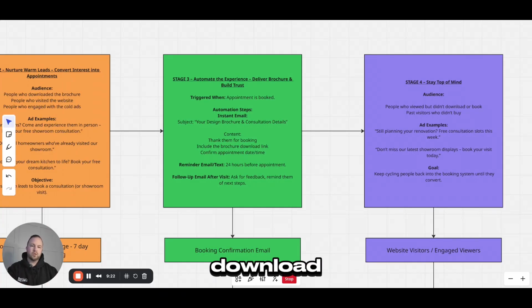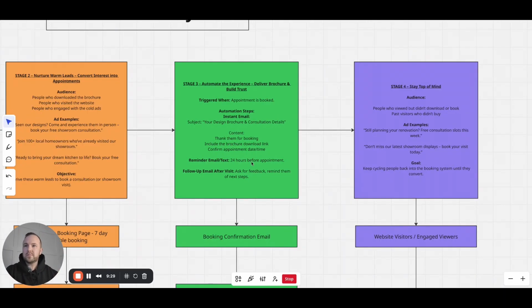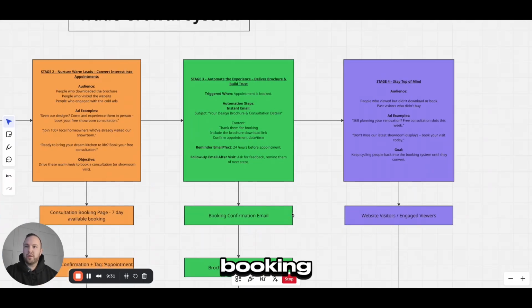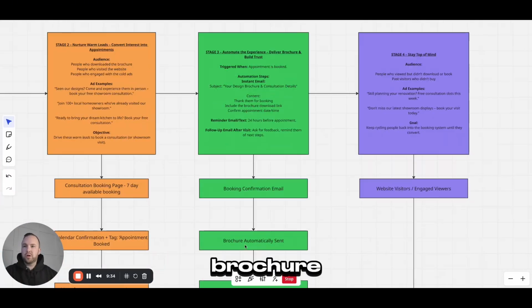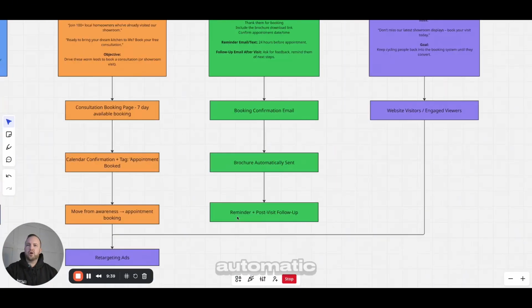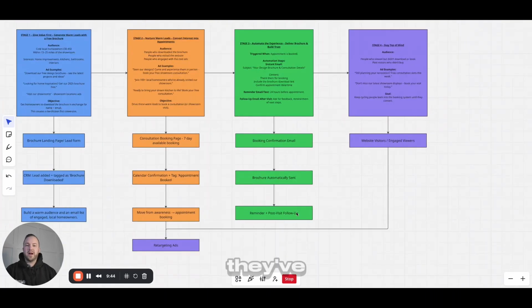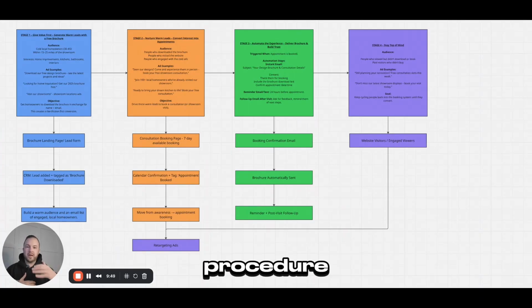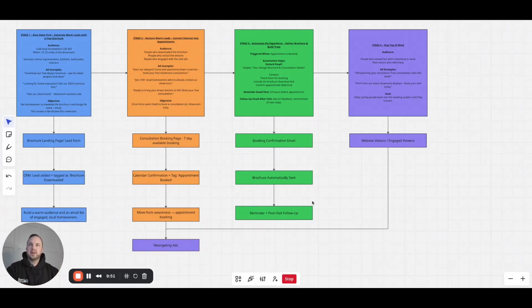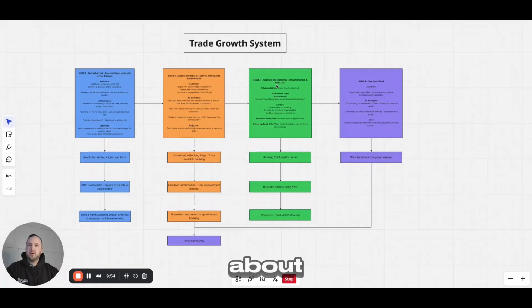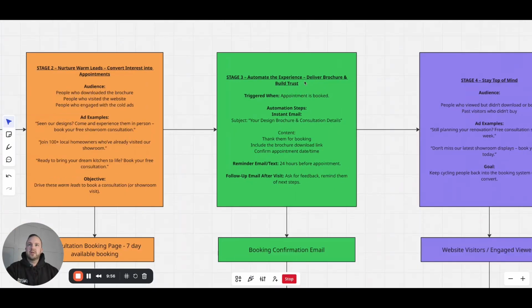We're inviting them to download the brochure or piece of value from an area in the back-end system, right? So what this looks like is a booking confirmation email. The brochure is sent automatically. We have automatic reminders and also a post-visit follow-up once they've actually come into the showroom and you've taken them through that appointment procedure or that consultation procedure. So this is all about automating the experience, delivering the brochure or value, and then building trust.